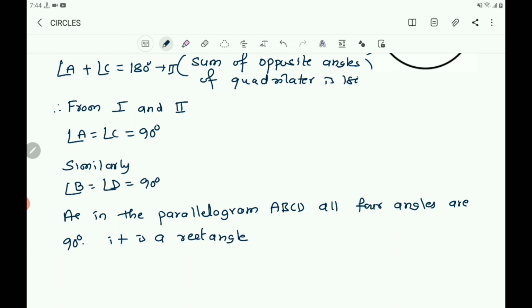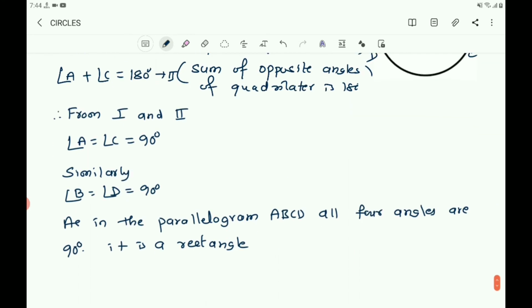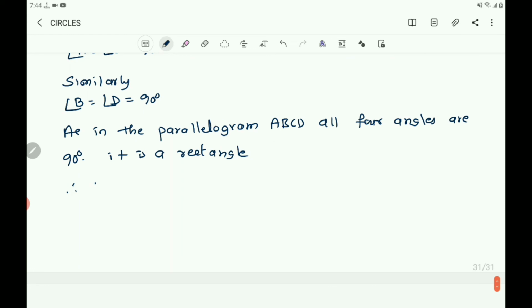So you got the proof that cyclic parallelogram is a rectangle. Therefore you write, cyclic parallelogram is a rectangle.